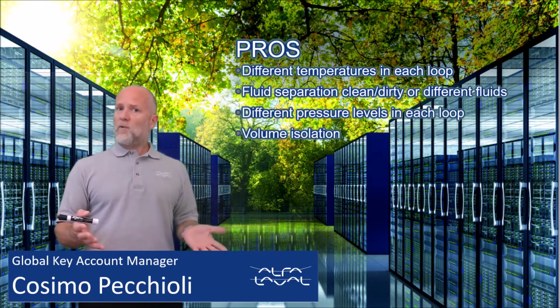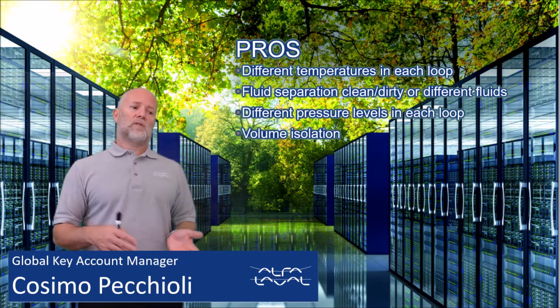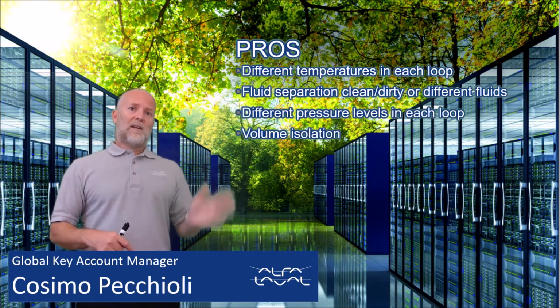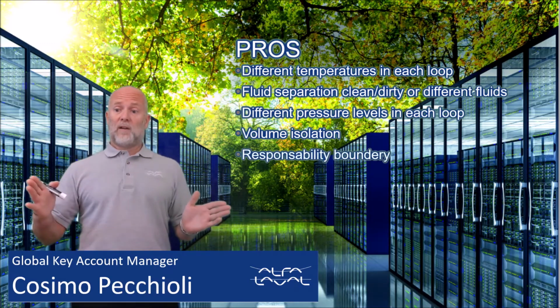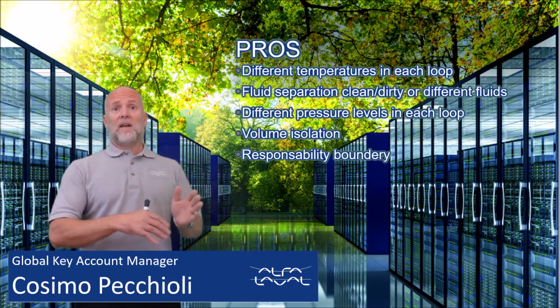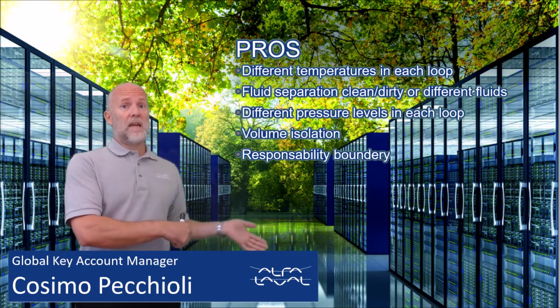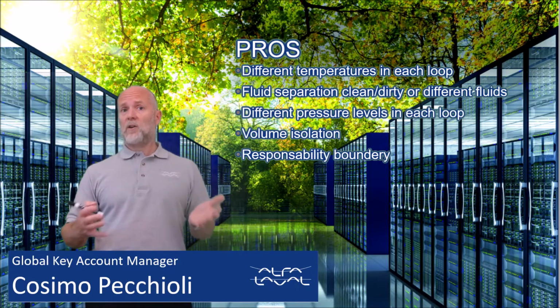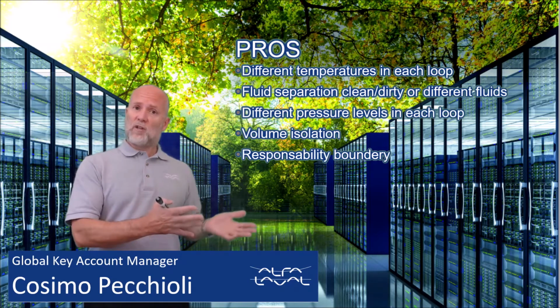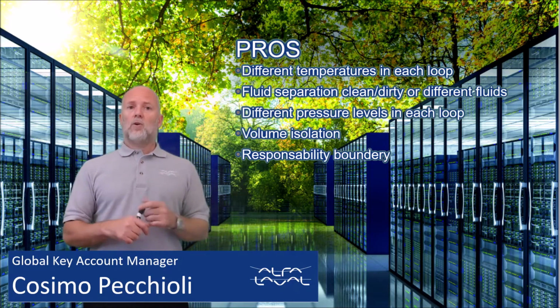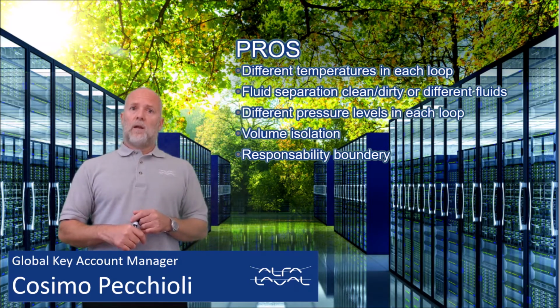And then if you are in co-location, of course, the heat exchanger is a clear service level agreement boundary. So it's when the responsibility of one side ends and the responsibility of the other side begins. So this is the list of the advantages in decoupling your cooling system.